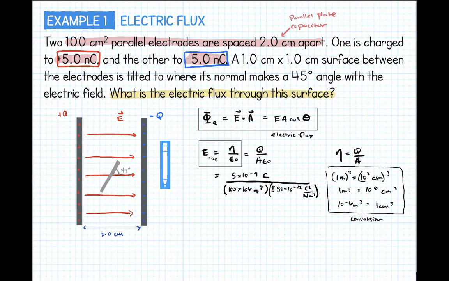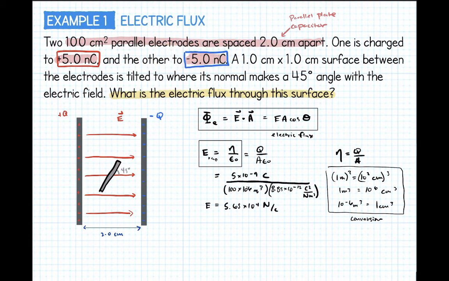And this gives us 5.65 times 10 to the 4th newtons per coulomb. Okay, so that's our electric field. We also need to figure out our area, and the area we're looking for is the area of this thing.